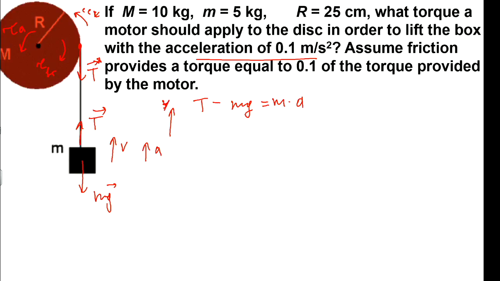Okay? This is the positive z direction, right-hand rule, out of the screen. So which torque is definitely positive? The applied torque. The frictional torque is negative.